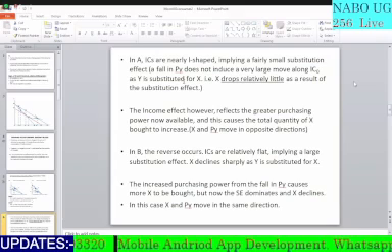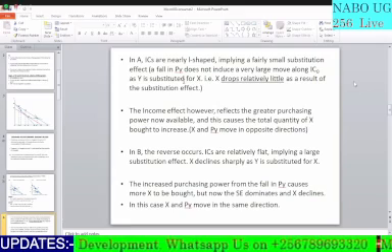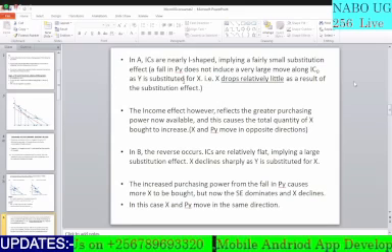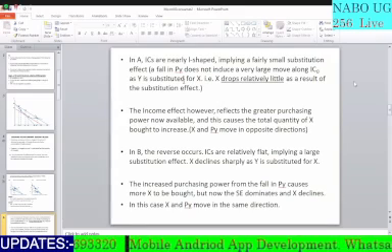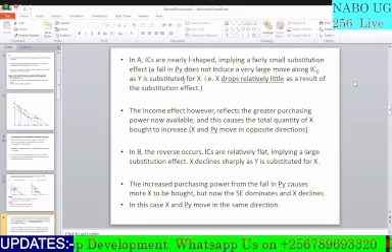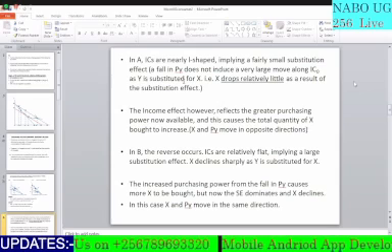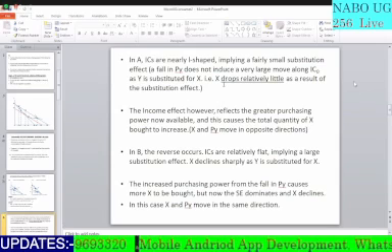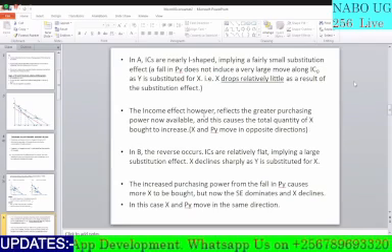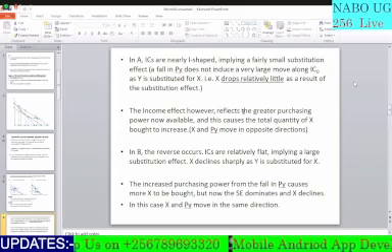Now, to know the final impact, we have to look at the income effect. So the income effect reflects a greater purchasing power now available, because we know that when the price of a commodity falls, the purchasing power increases. And when the purchasing power increases, then the individual can increase the quantity of the commodity bought. So the total quantity of X bought will increase because of the income effect, the increase in the purchasing power available.